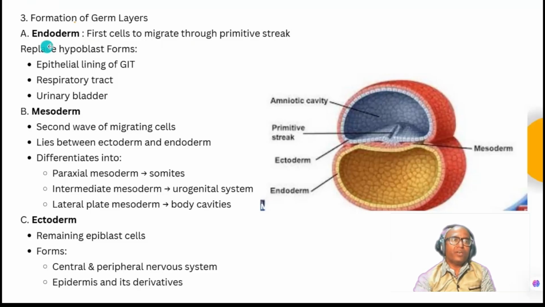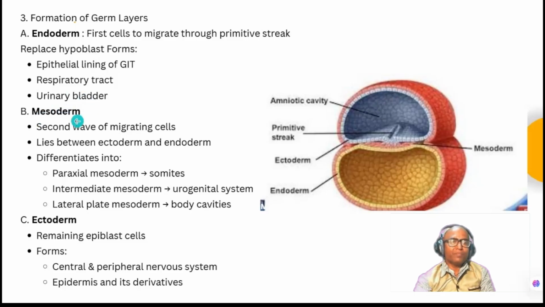So this hypoblast will get replaced by the cells which are migrating through this primitive streak, and the first layer to get formed is the endoderm, and that will replace the hypoblast and form the epithelial lining of the GIT, respiratory tract, and the urinary bladder.